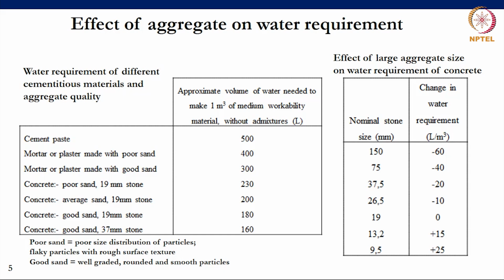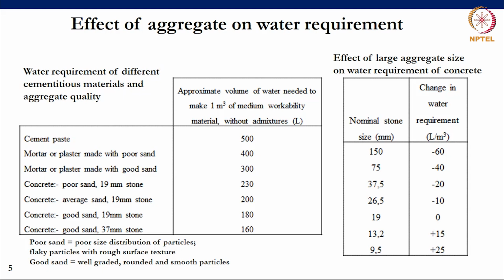On the right hand side, the table shows the effect of large aggregate sizes on water requirement of concrete. As you can see, if we start with a baseline of 19 millimeter aggregate, as you increase the large aggregate size, you can reduce the water content. And this is really an effect of surface area.